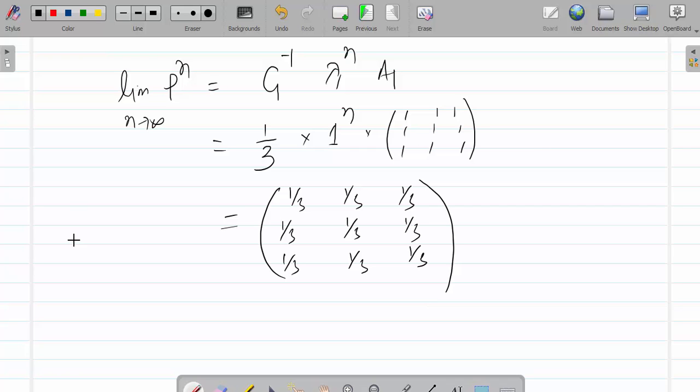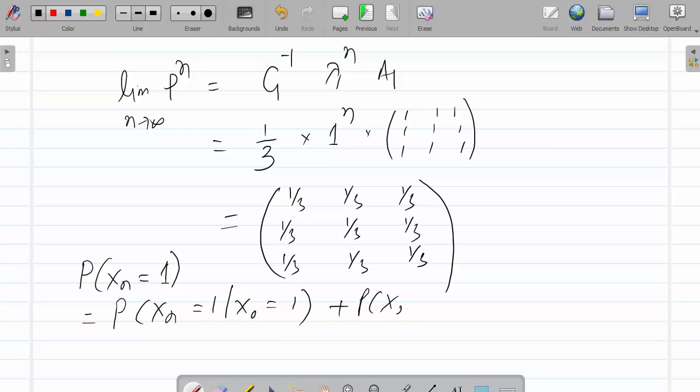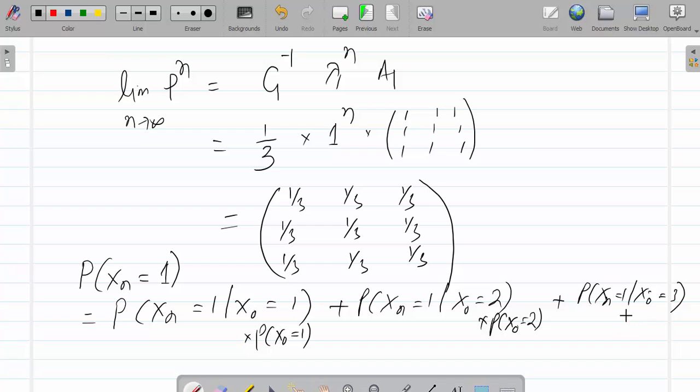So here we can find also, if it is given the probability Xn equal to 1, that means after n transitions it will be in state 1, this probability will be probability Xn equal to 1 given X0 equal to 1, into probability X0 equal to 1, plus probability Xn equal to 1 given X0 equal to 2, into probability X0 equal to 2, plus probability Xn equal to 1 given X0 equal to 3, into probability X0 equal to 3.